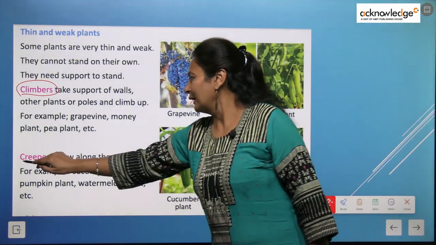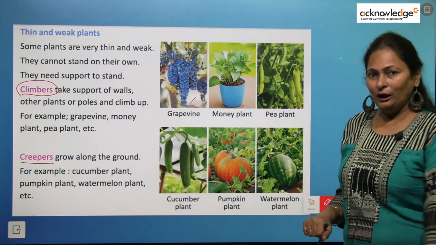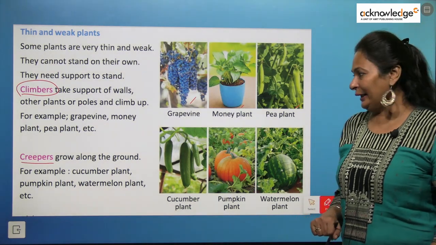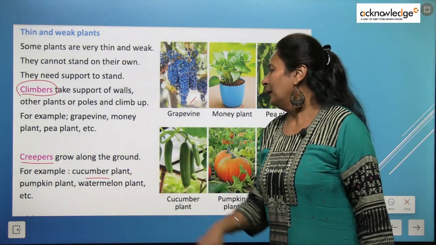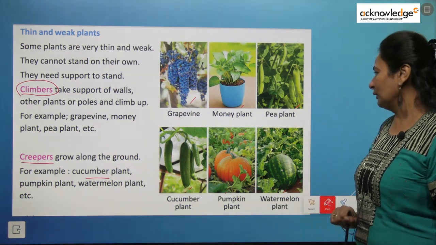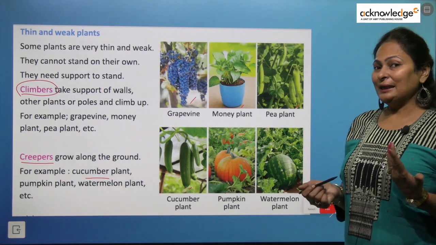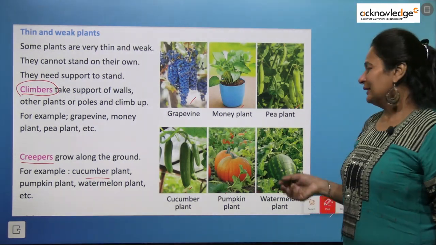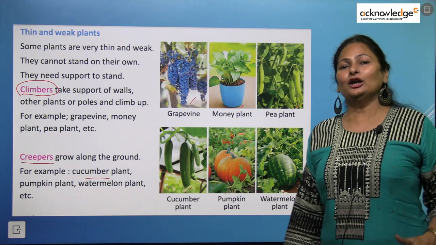Next is creepers. Creepers grow along the ground, right? Examples are cucumber, pumpkin, and watermelon. Have you observed, kids, one amazing fact? What is it? They are creepers. They creep along the ground.